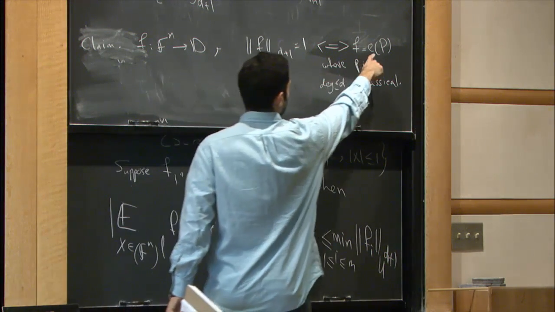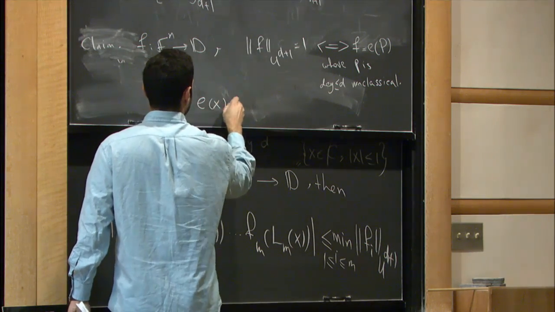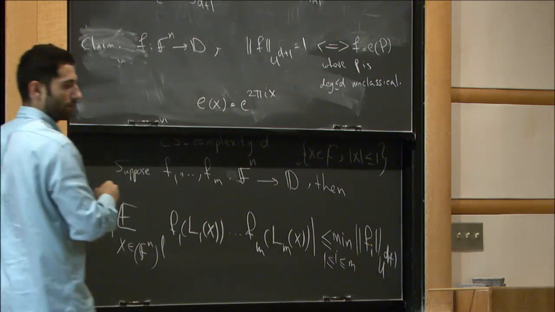And from now on, when I drop the subscript, e of x means e to the 2 pi i x.